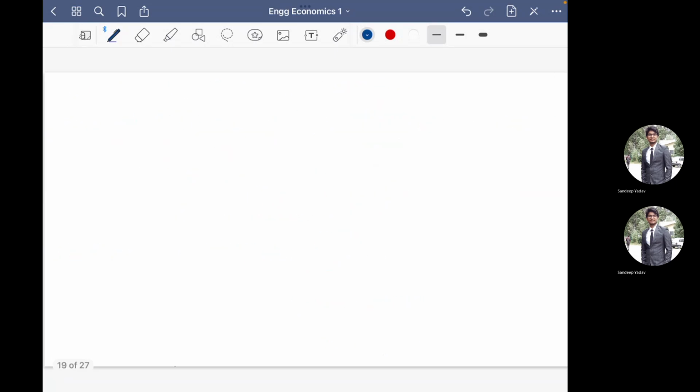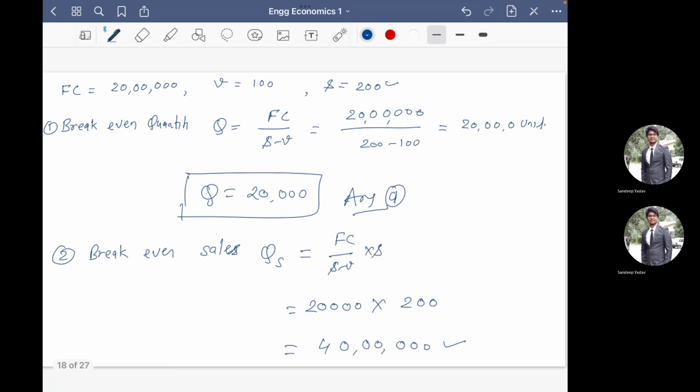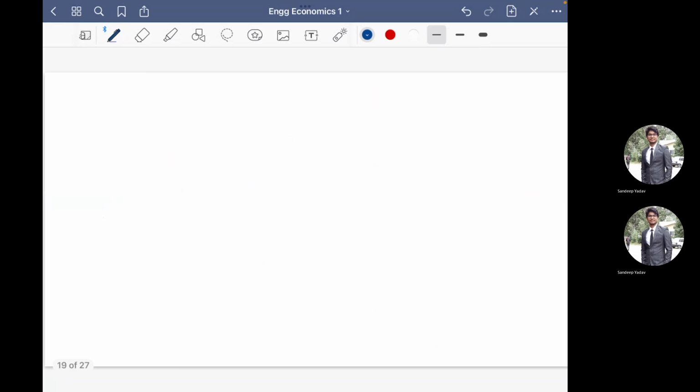Now coming to calculate the contribution. Before getting into the contribution, there is something already given, that is the actual production quantity. We have seen the break even quantity is 20,000 and the company is making an actual quantity of 60,000.